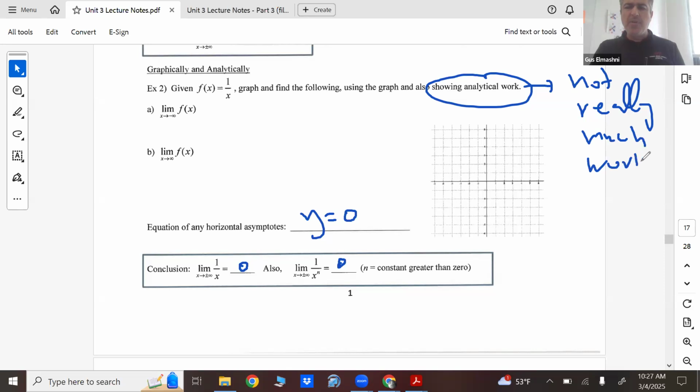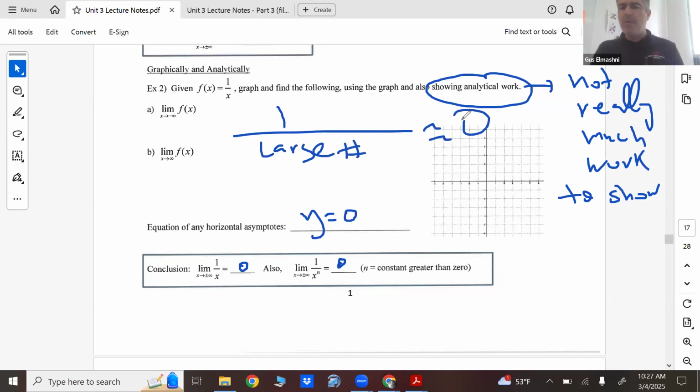Not really much work to show, I'd say. Really just think about it as one over a large number. I think that's just zero, right? Roughly zero. We know that. So I don't think we need to think too hard about that one.